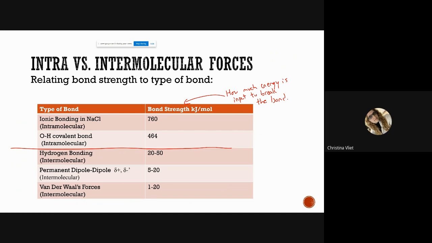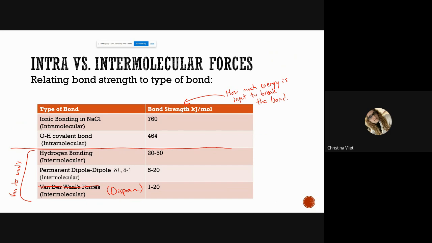Hydrogen bonding, which is to separate water molecules, requires that much energy, and then permanent dipole, and van der Waals or dispersion is a better way, because actually these are all van der Waals. You should probably write here, these are all van der Waals. That's how Cambridge does their terminology now. You may want to correct this on here. Cross out van der Waals, write dispersion, or ID. You should put van der Waals for all three.